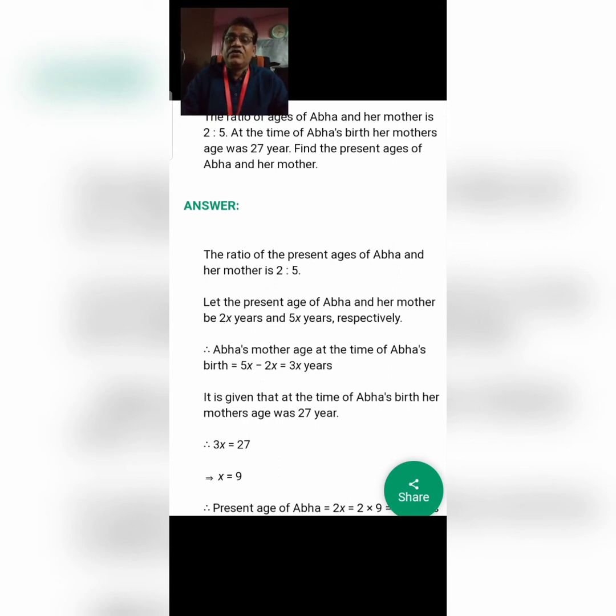It is given that at the time of Abha's birth, her mother's age was 27 years. So 3x is equal to 27. Therefore x is equal to 9. You get the value of x. So the present age of Abha is 2x, which is 2 into 9, 18 years.